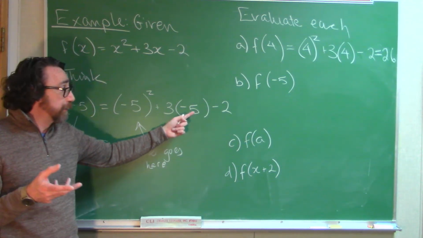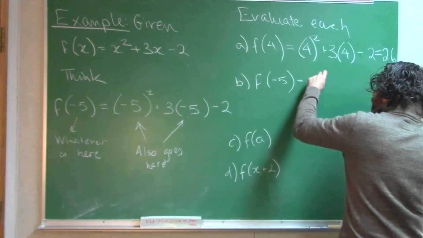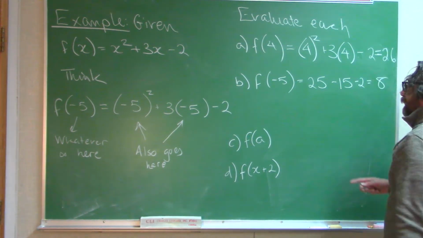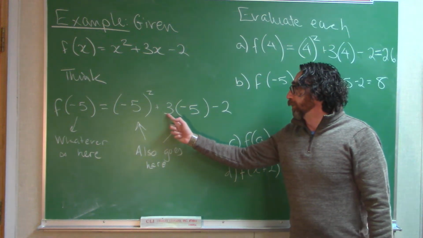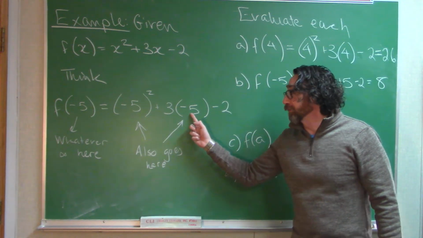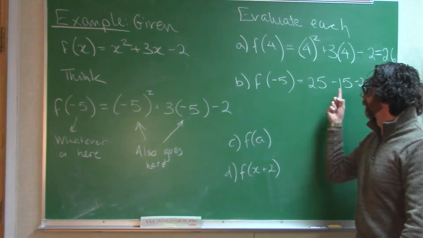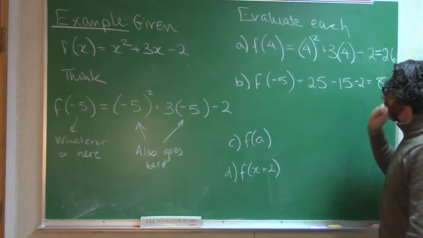So now we're at 10 minus 2, and we get an 8. Let me write it down and do the arithmetic here. Negative 5 squared gives us 25. 3 times negative 5 is negative 15. So 25 plus negative 15, which is the same as 25 minus 15, and then minus 2 to get 8.